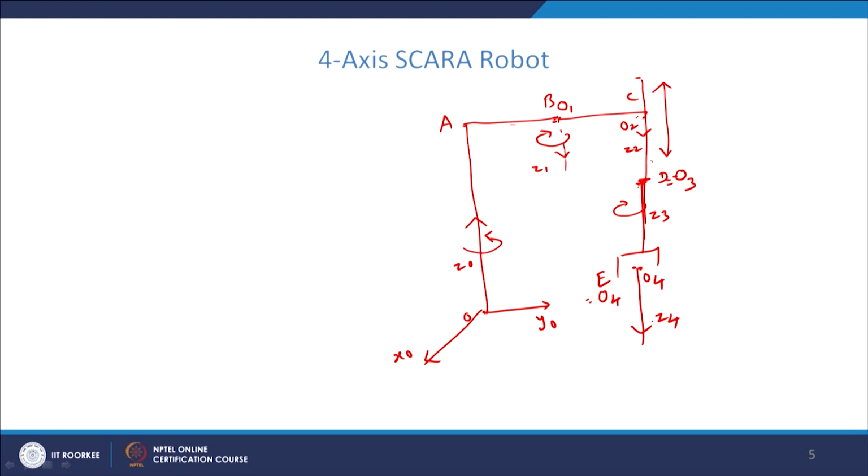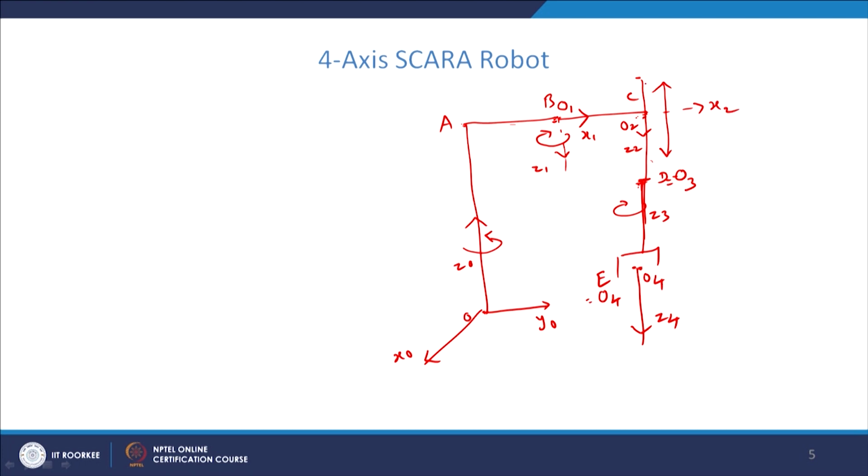Then according to the procedure, we can fix the x direction. So, Z0 and Z1 are parallel. So, the common perpendicular line is the x1 axis. So, we can say that the line BC acts as the x1 axis in this particular position. Similarly, Z1 and Z2 are parallel. The line extension of the line BC will act as x2 axis.